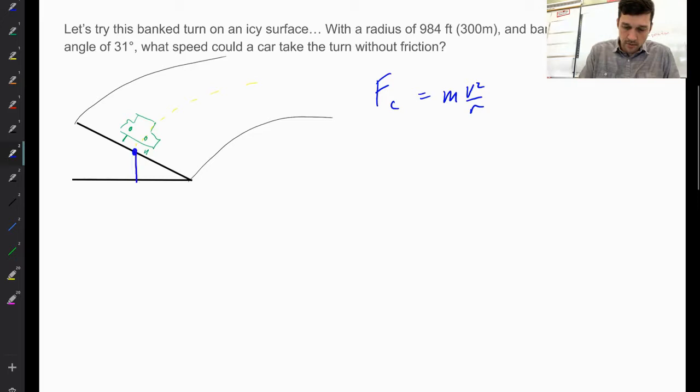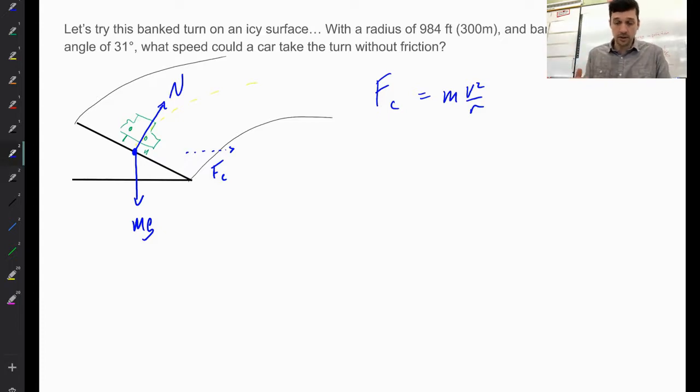Now we've got mg down, we've got a normal force in that direction, and I'm going to draw this with a dashed line because the centripetal force is not actually a force acting on this. It's not a named force. It's the resultant of the normal and the weight force.